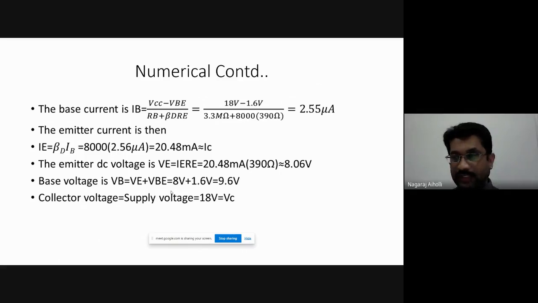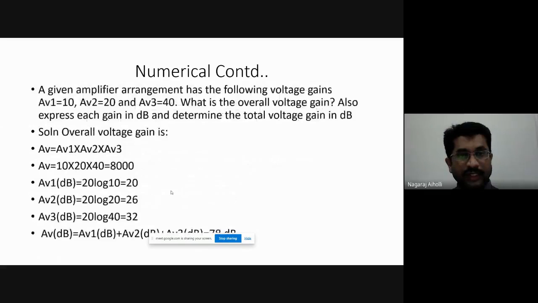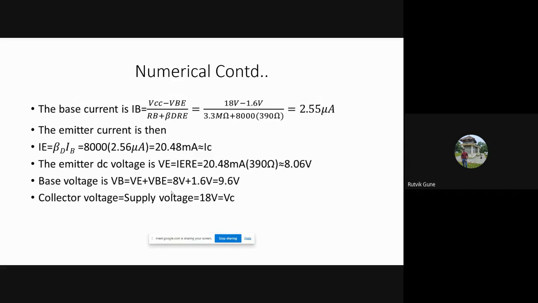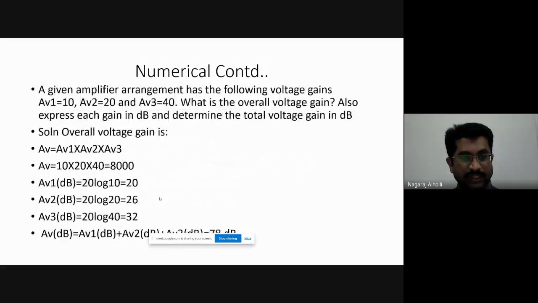Third one, 20 log, what is the gain value they have given? 40. 20 log 40 to the base 10. 32.04. Yes, approximately 32. We have calculated the gain values in decibels of the given gain values.